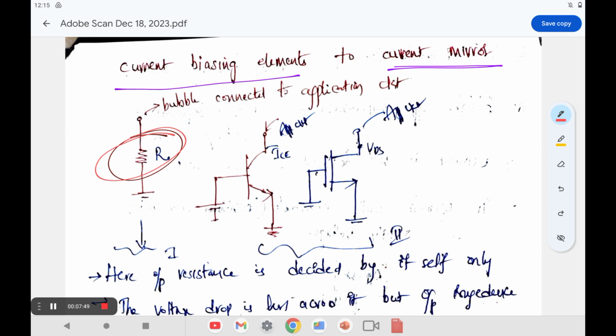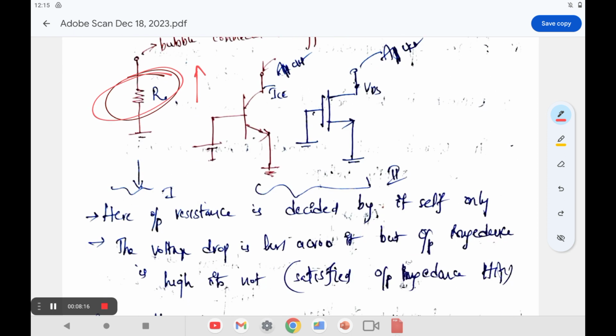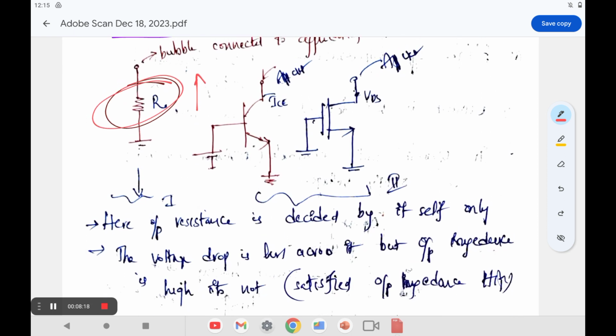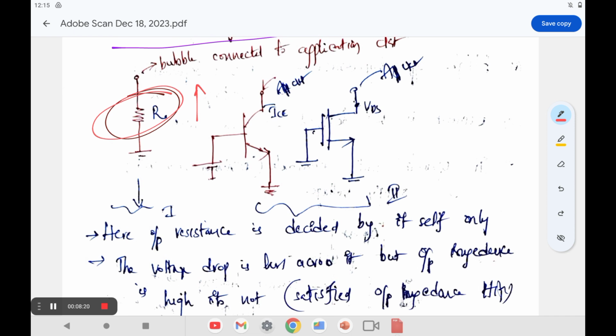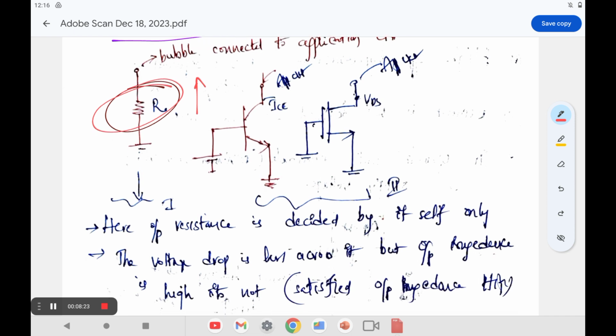if you are taking some resistance R value, the problem is that if the R value increases, the gain of the circuit increases. But the problem is that the output resistance value is decided by R itself only. At the same time, the voltage drop across it also increases, but the output impedance is high.